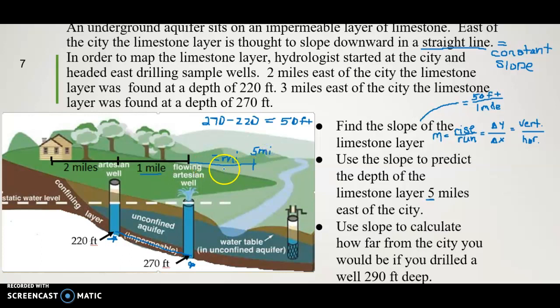That 2 additional miles is important because that is how far I want to change in the horizontal. The horizontal is the bottom of the fraction, so this is a change of 2 miles. What I want to figure out is how much the vertical changes, how much the depth of the wells will change in that same distance.